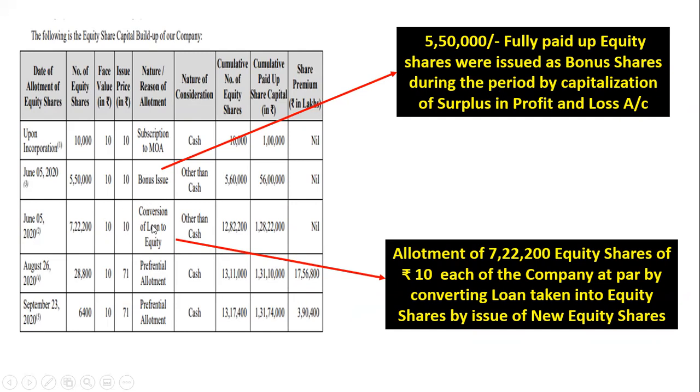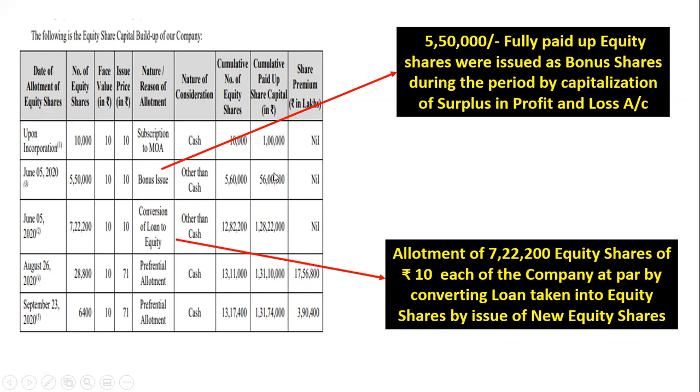In the same way, conversion of loan: 7,22,000 equity shares of 10 each were issued to the bondholders or the loan givers at par. The impact of these two transactions on the balance sheet: in the first case, the reserves will go down and the capital went up.